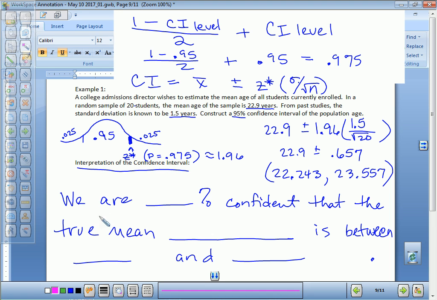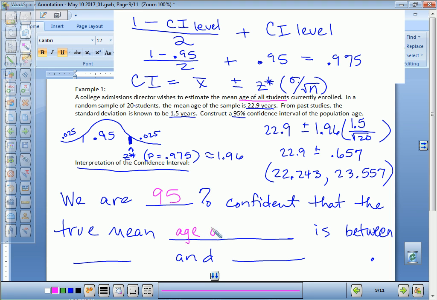In this problem, what is the confidence that we were looking for? A confidence level of 95%. So we are 95% confident that the true mean of what? What were we looking at in this problem? We were looking at the age of all students.